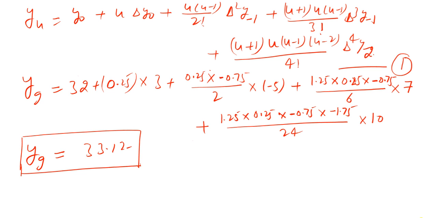Now here is another question based on the Gauss forward interpolation formula. Using the Gauss forward interpolation formula, find y at x is equal to 32 for the data given below.